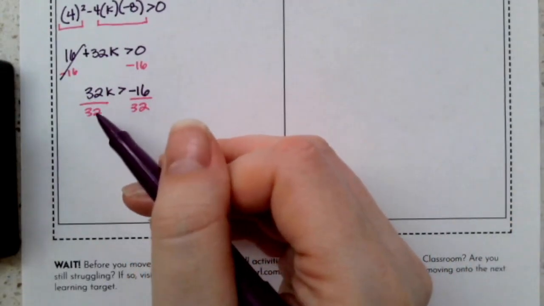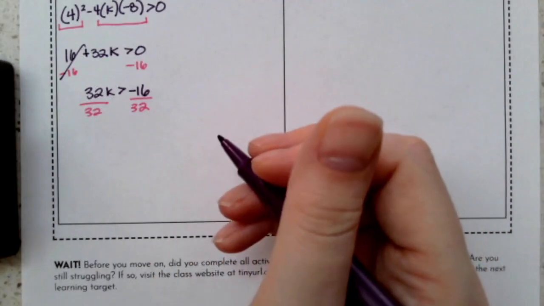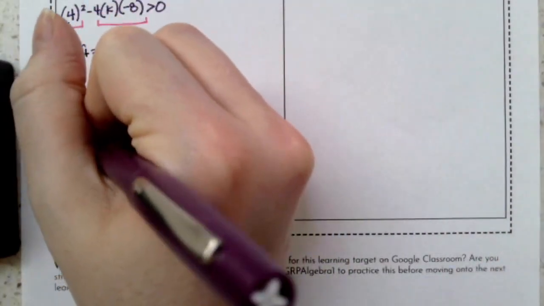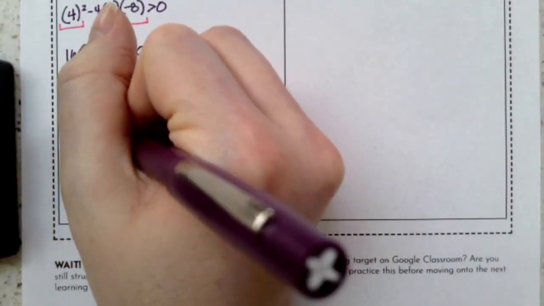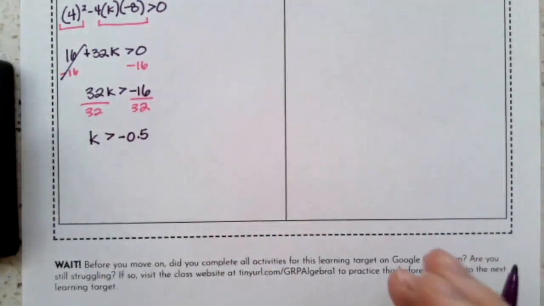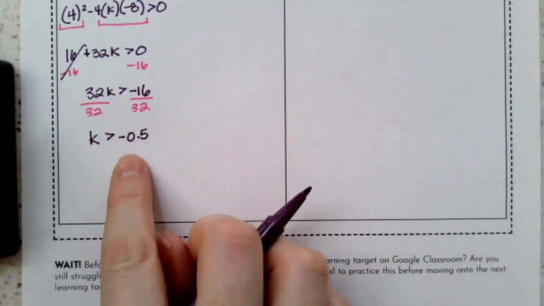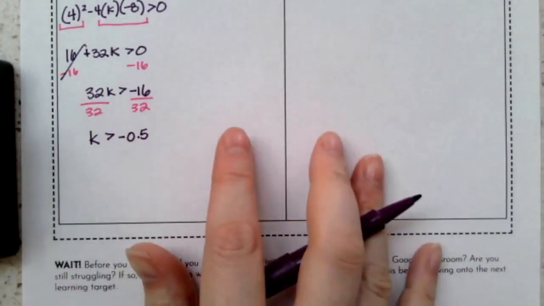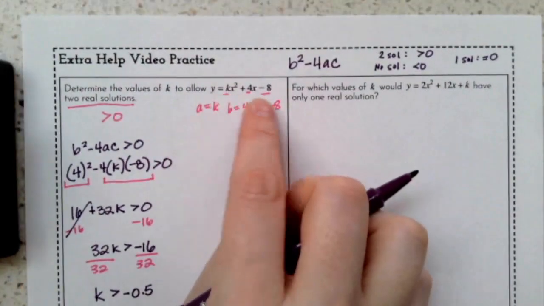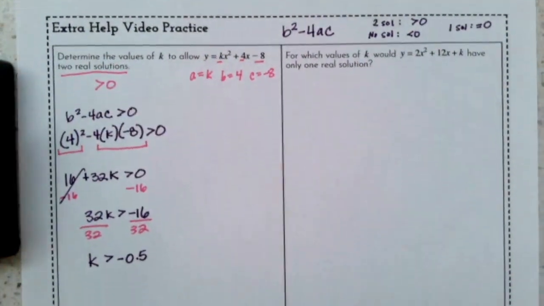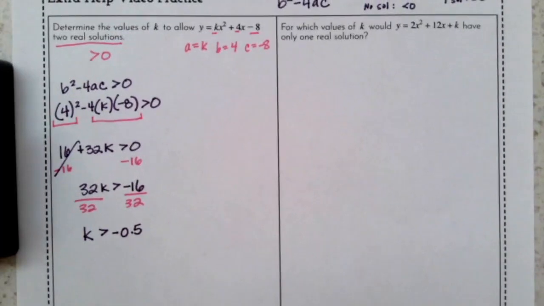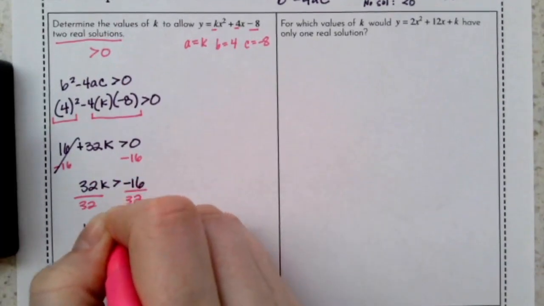The thing that I'm dividing by in pink is not negative, so we don't flip the sign. So we leave the sign the same, and we get negative 0.5. So this is saying anything bigger than negative 0.5, if I plug that into my original, will give me two real solutions. So that is my answer.